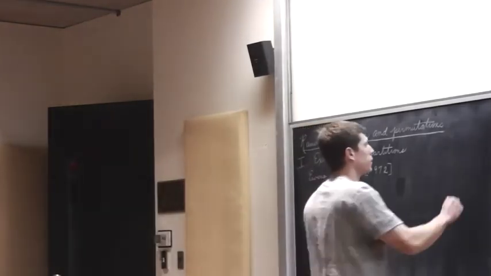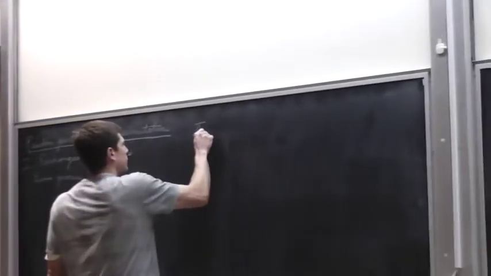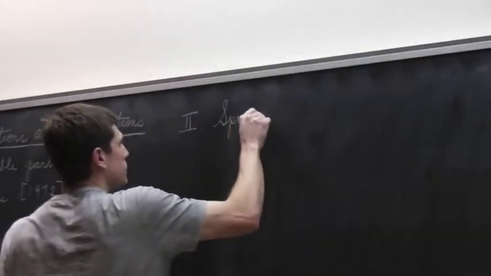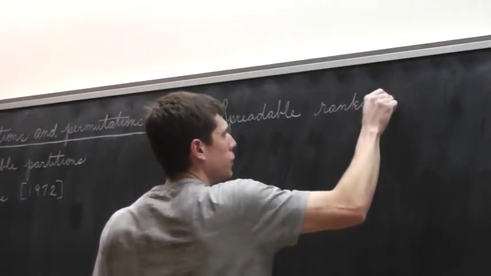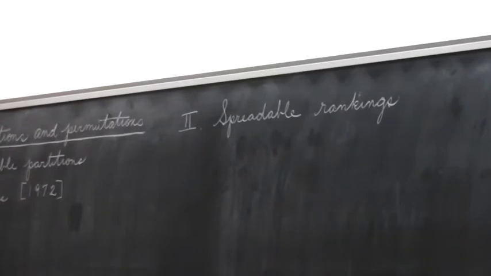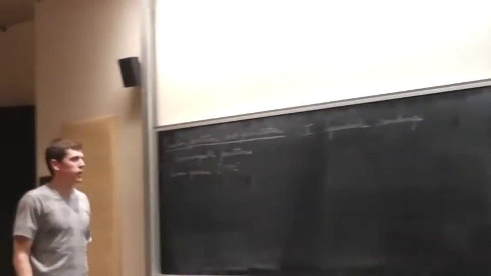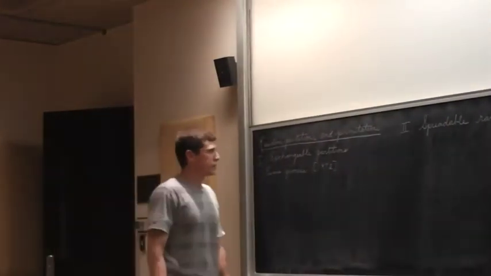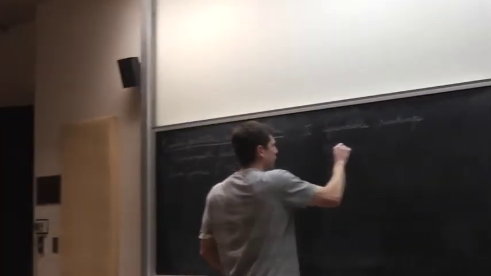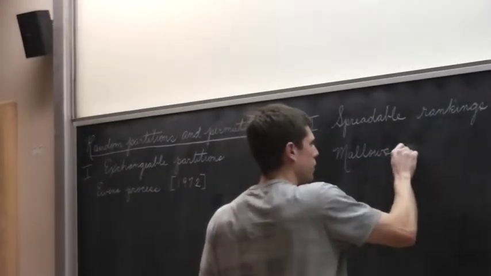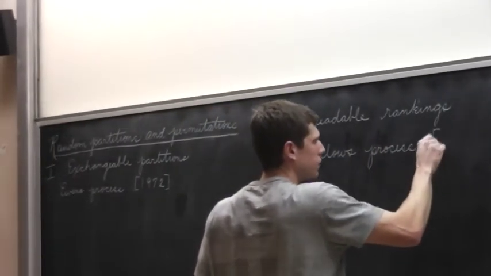And then in the second part, I'll talk about random permutations. I'm going to use the word ranking interchangeably with permutation, but I use that specifically because I'm going to think about a permutation as a linear ordering of a finite set. And I'll use permutation to mean a bijective function, because I'll use them both in this talk. I'll be interested in rankings with a special property, and in this case, the family of distributions I talk about is called the Mallows process.